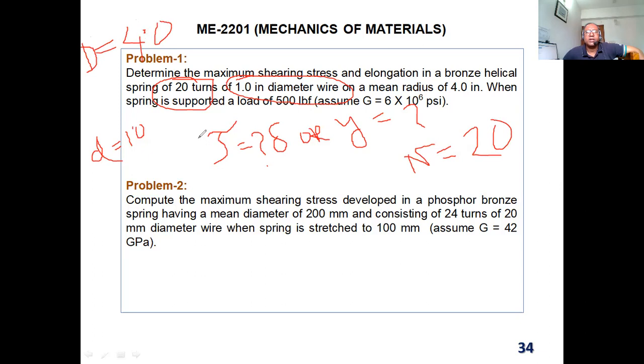When the spring supports a load of 500 pounds, G is given over here. So F is given, 500 pounds. Value of G is given. So we need to figure out the maximum shear stress, what will be the tau and what will be the value of Y. So very simple.